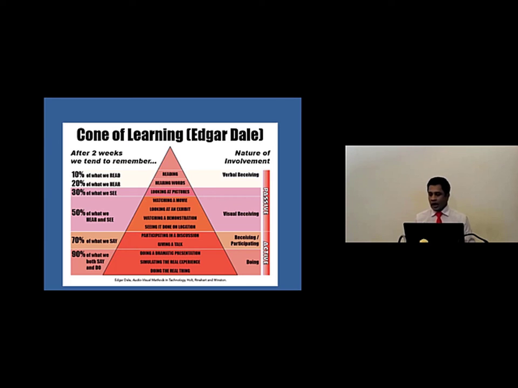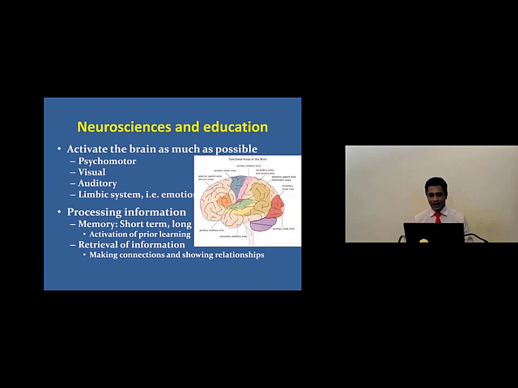So how can we incorporate all these things, the auditory part, the visual part, everything, into our online lecture so that it is more engaging and interactive? Again, the secret here is to try to activate all the parts of the brain as much as possible.